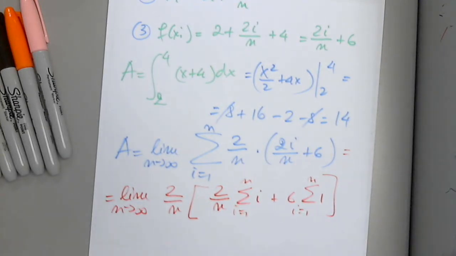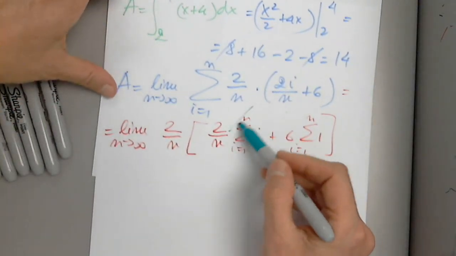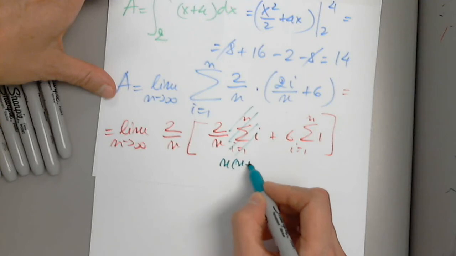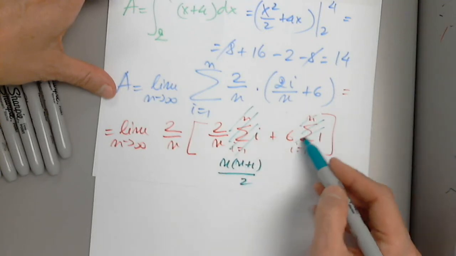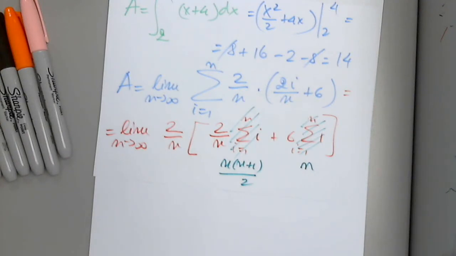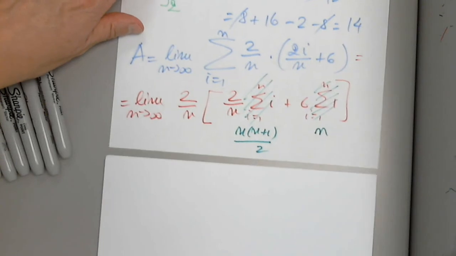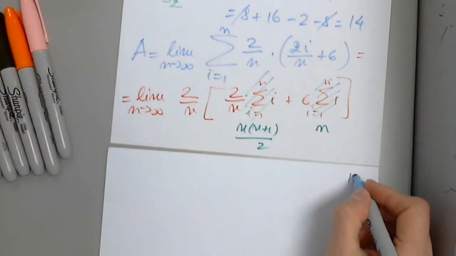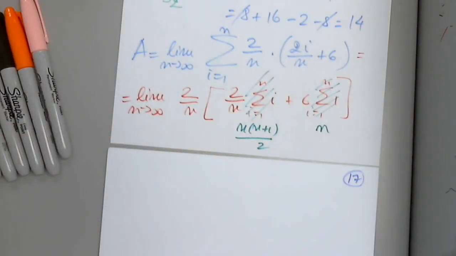Now we know these two. The sum of i is n times n plus 1 over 2, and the sum of 1 is n. Excellent. Any questions? Okay.